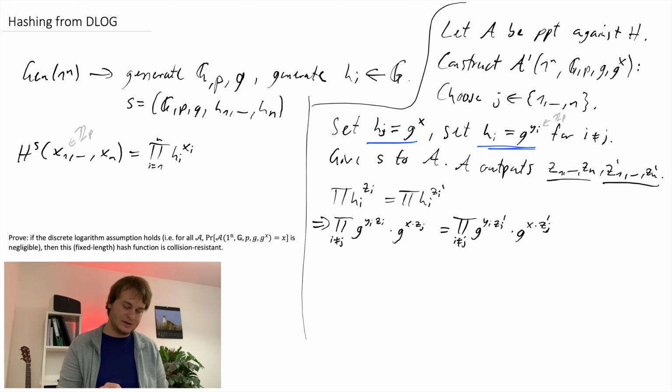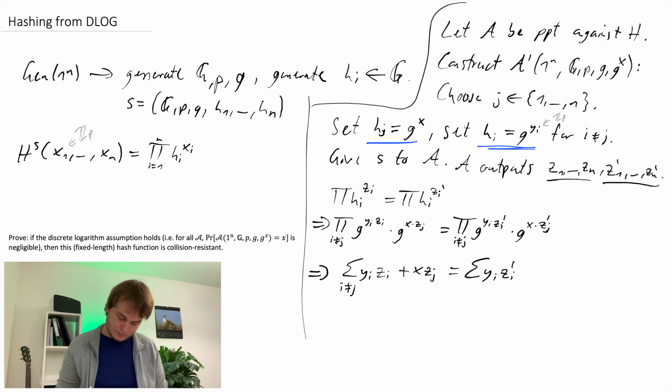And now what you can notice is that all of this essentially is one big equation in the exponent modulo p over these y_i, z_i's, and x. Because g is a generator, so we can deduce that this is the case. And now basically we want to solve for x.